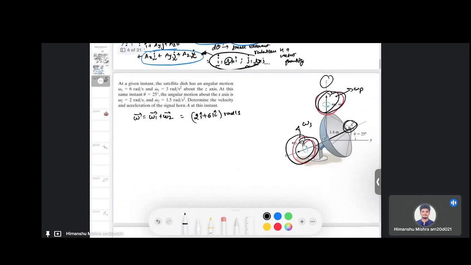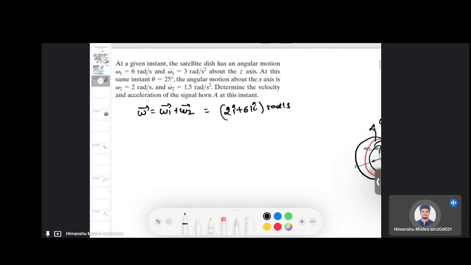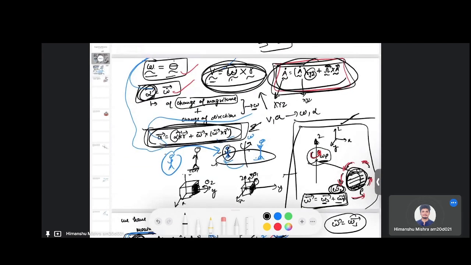So let's calculate the acceleration first. To calculate the acceleration, we will be using this formula here.